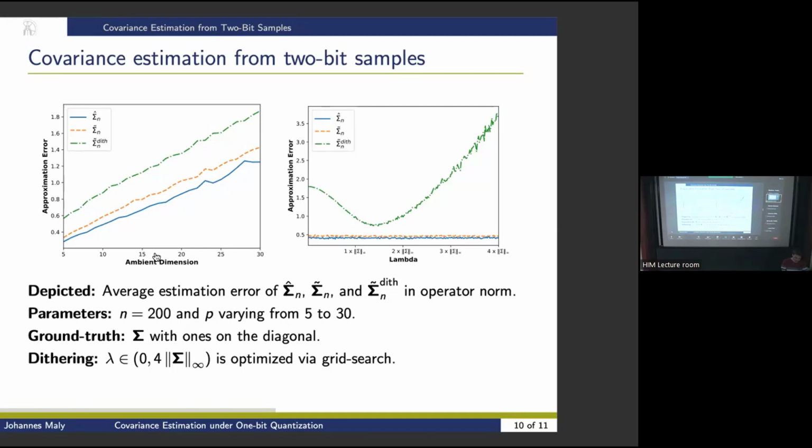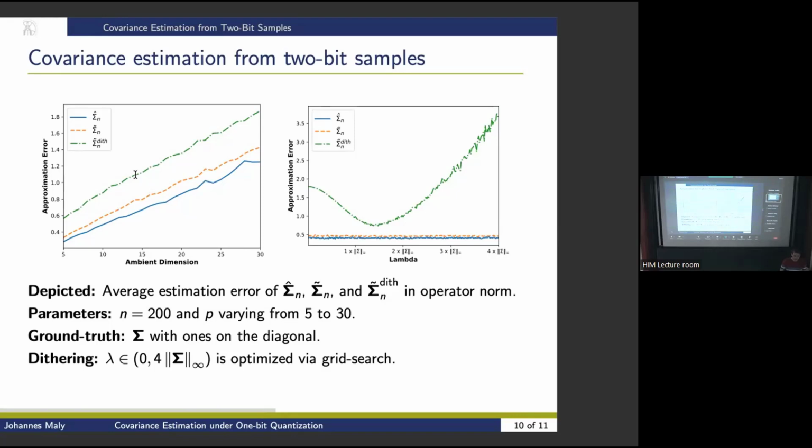But here you have to keep in mind that for a fair comparison, the sigma has 1s on its diagonal. So this orange line, the 1-bit estimator, has an advantage because it is perfectly fitted to that scenario. The dithered estimator comes quite close.